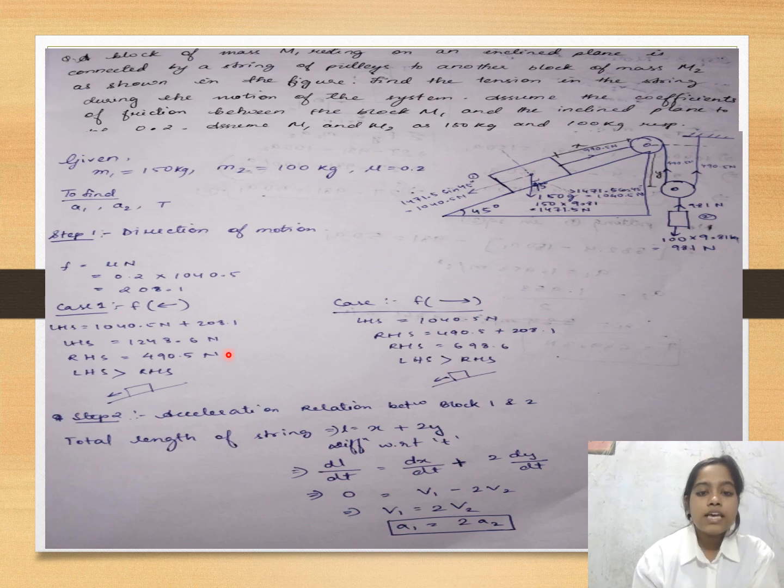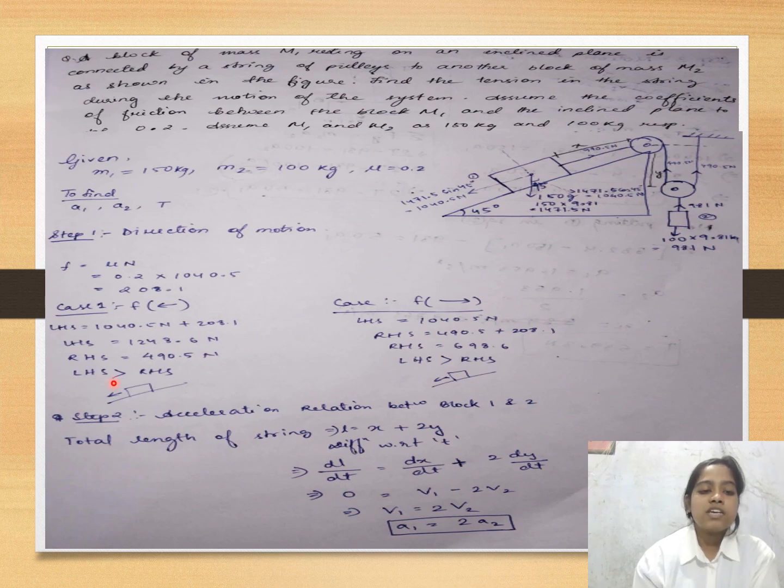For the first case, in the forward direction, on the left hand side we take 1040.5 plus 208.1, that is the frictional force, so LHS is equal to 1248.6 Newton and RHS is equal to 490.5.